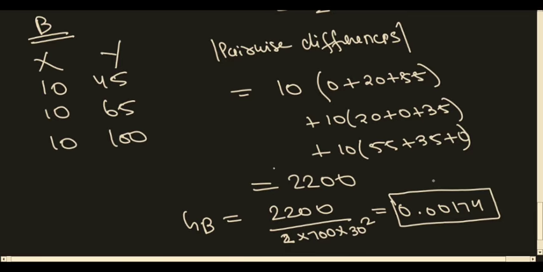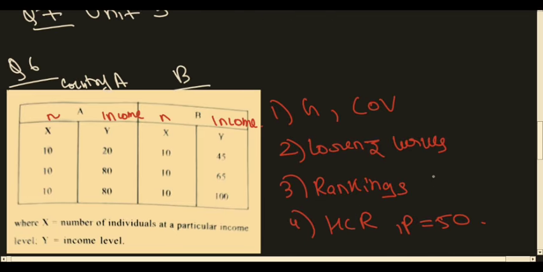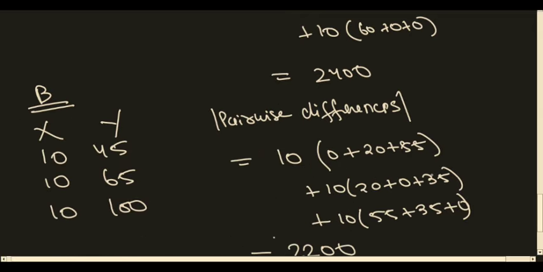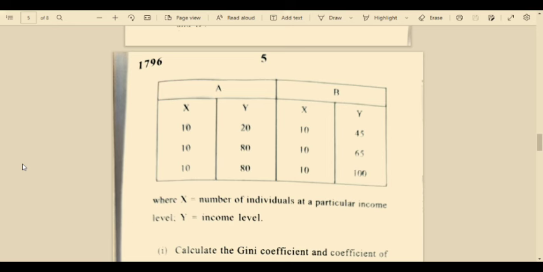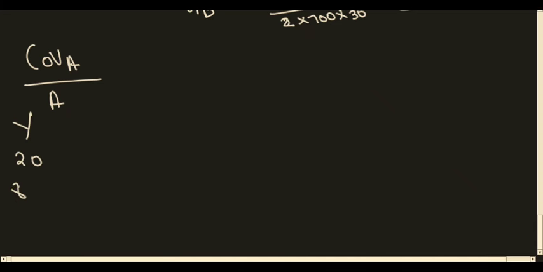Okay, now the next thing we need to calculate is the coefficient of variation. So let's see how we go about it. For country A, we have incomes as 20, 80, 80 and X as 10, 10 and 10.